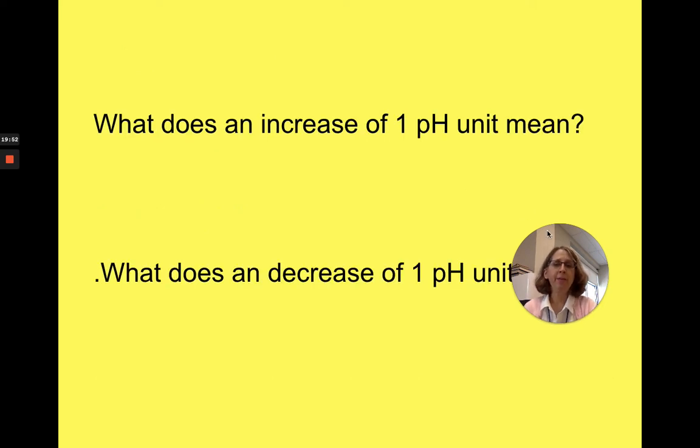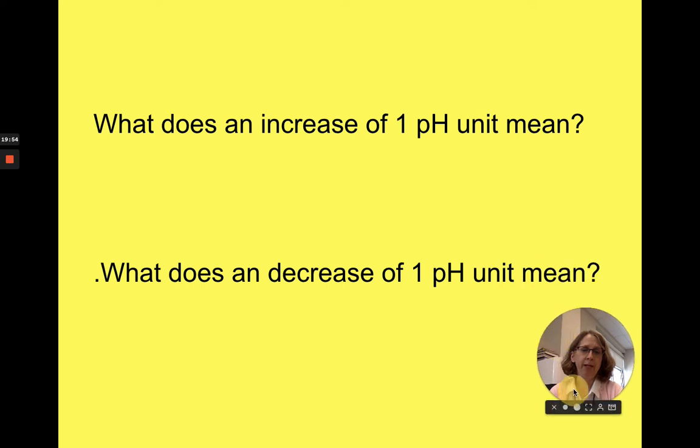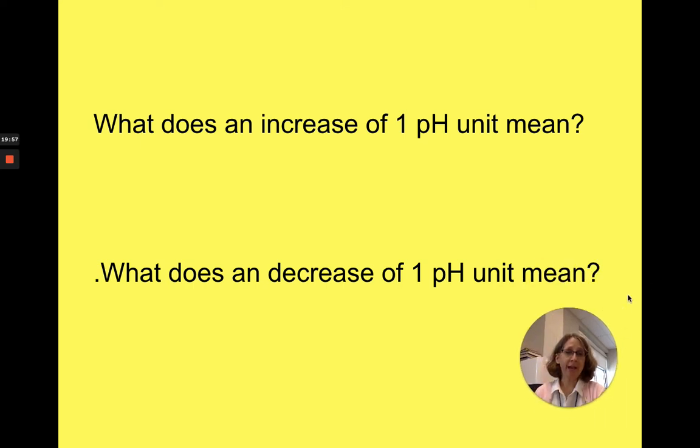Now, think about the pH scale for a minute. It is a logarithmic scale, which means pH units are different by powers of 10. So an increase in one pH unit, like going from 1 to 2, is going from 0.1 to 0.01, from 1/10 to 1/100th moles per liter.